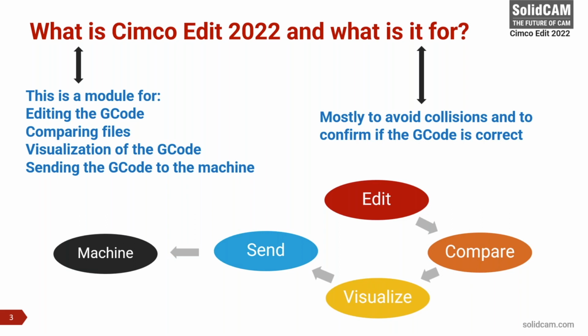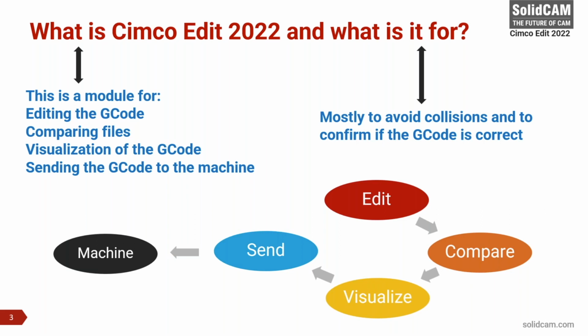Most of the time, CIMCO is used to catch errors in G codes. That's the primary function of any G code simulator. It's to catch issues before they happen on the machine. Simple 3-axis toolpaths, generally people don't, but I have been working with 3-axis toolpaths for the last 27 years.